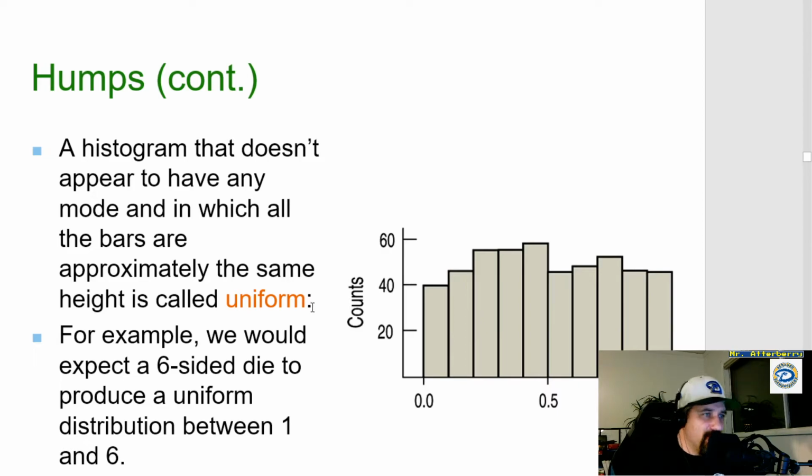For example, we would expect a 6-sided die to produce a uniform distribution between 1 and 6. You take a die, you roll it, you get a number, and you do that over and over and over again. With enough rolls, you would expect it to eventually even out, that you got ones, twos, threes, fours, fives, and sixes an equal amount of time or almost equal over a large sample of dice rolls.